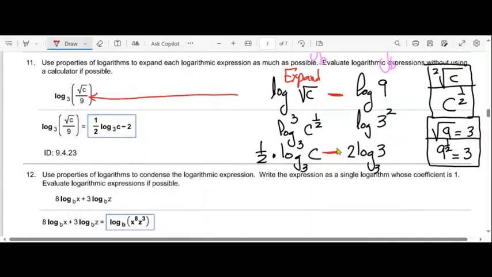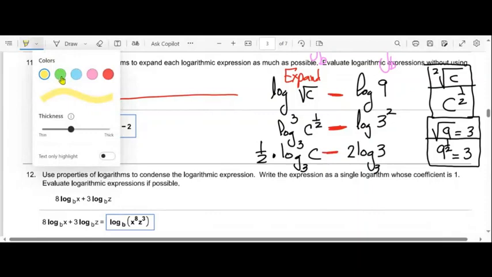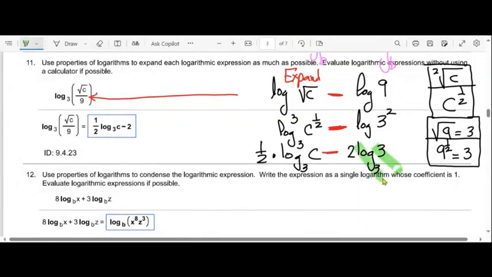Yeah. Because now, it's 3 square is 9. Do you remember I can cancel or you don't remember? Can I cancel this with this, the similarities, 3 with log 3? And what's left? Half. Half times C. Right.